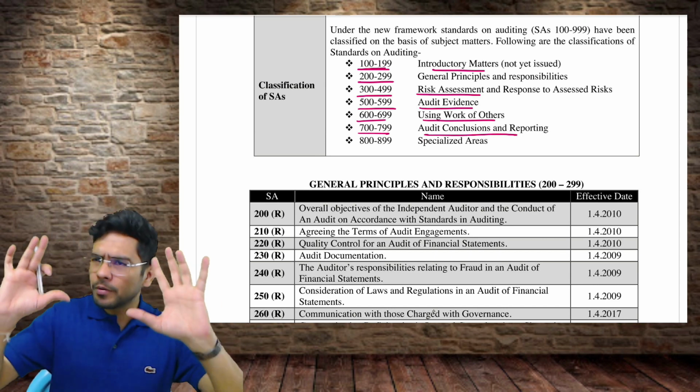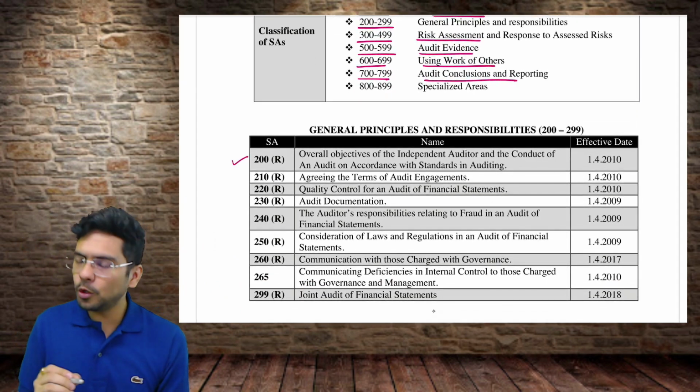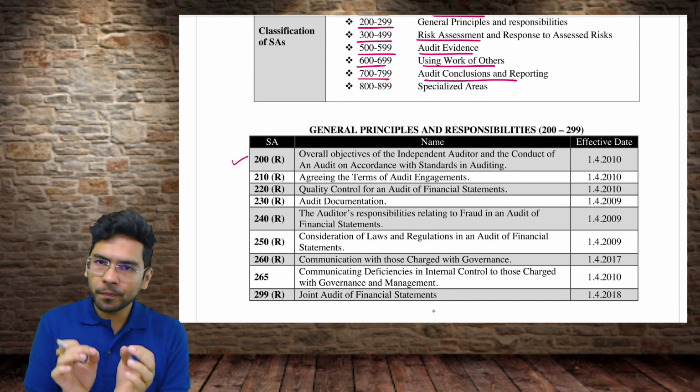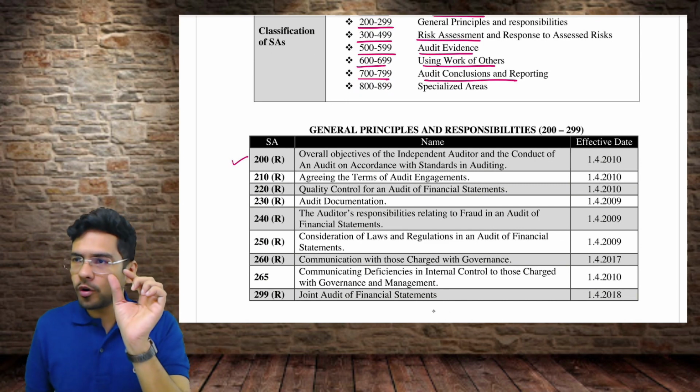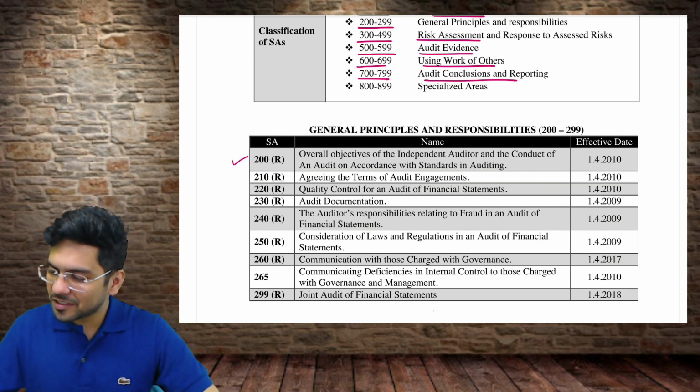You don't have to remember the classification, but yes, we shall now first be starting with SA 200. And obviously, as you all know from the intermediate level, you have to remember the name of a standard as well as the number. So let's start with SA 200 first.